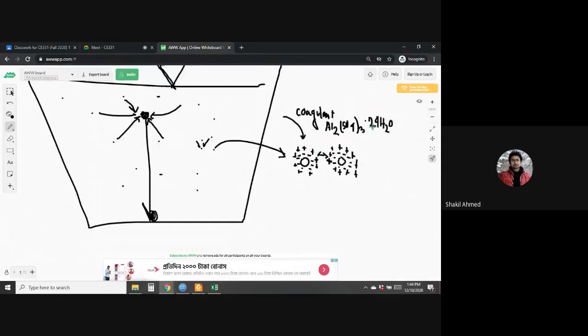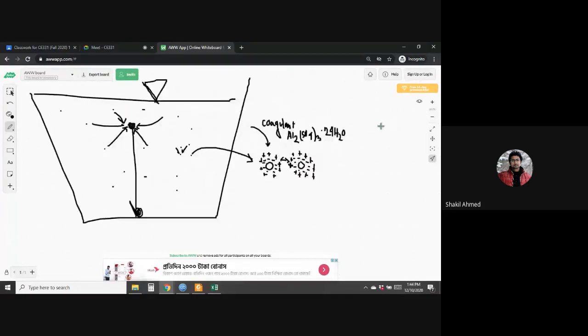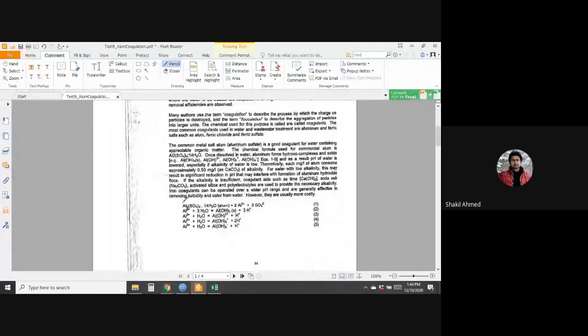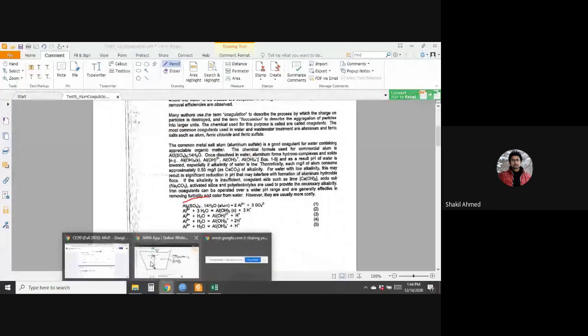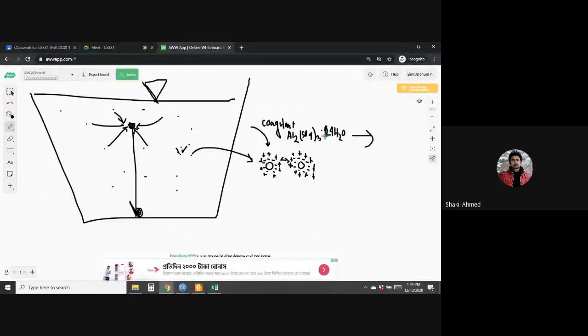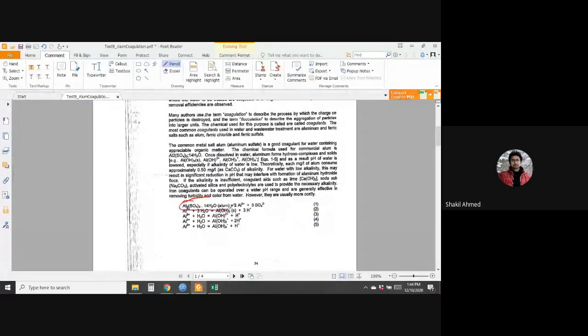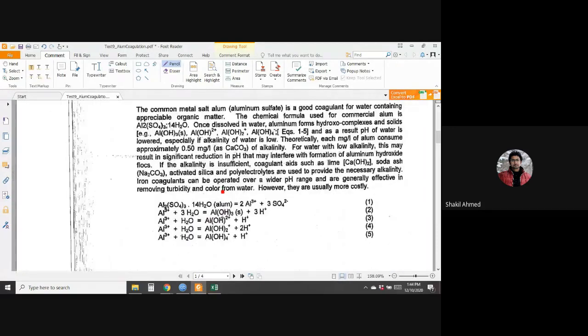When you add alum into water, it produces these species.